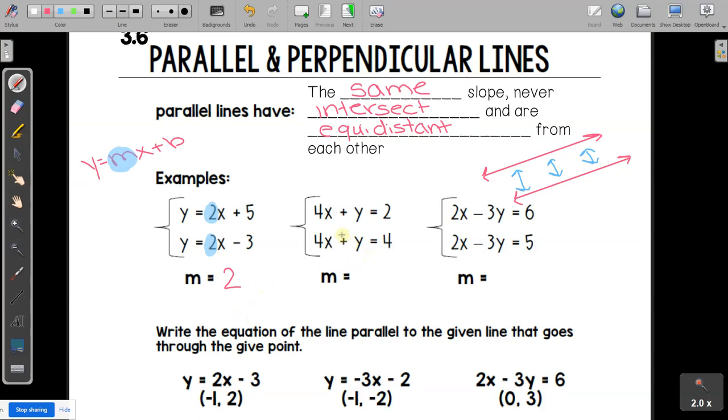Now the next one. We have 4x plus y equals 2 and 4x plus y equals 4. Here, this is in our standard form.